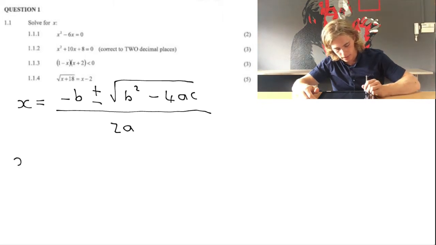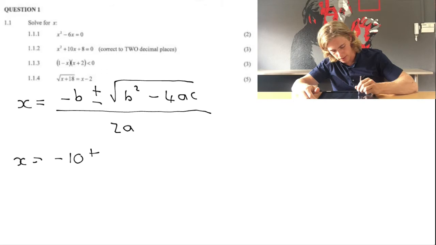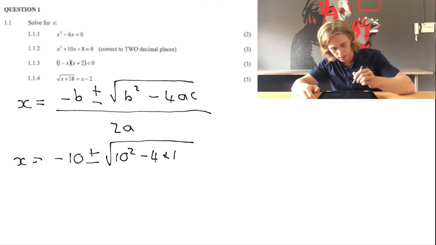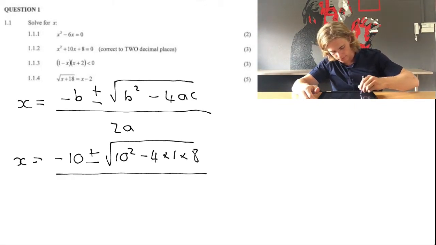Okay, now we're going to put in the values for a, b, and c. We're going to have x equals negative 10 plus or minus the square root of 10 squared minus 4 times 1 times 8, and that is going to be over 2 times 1.